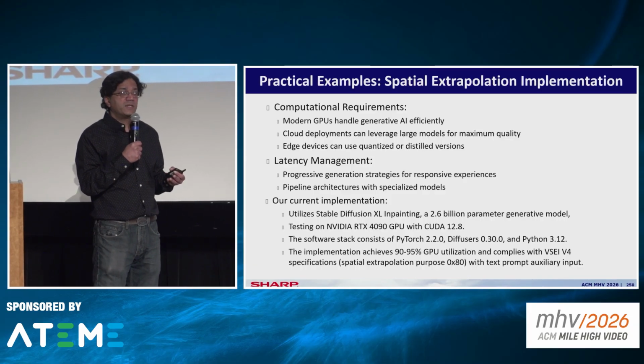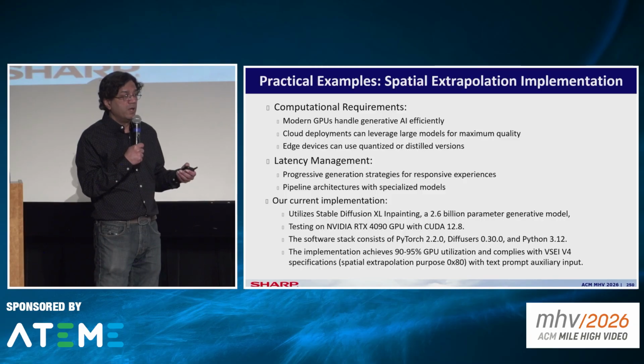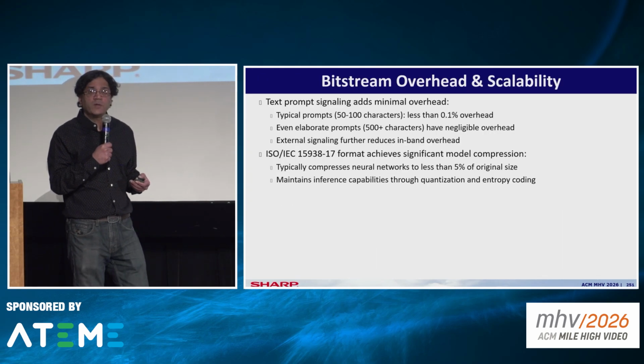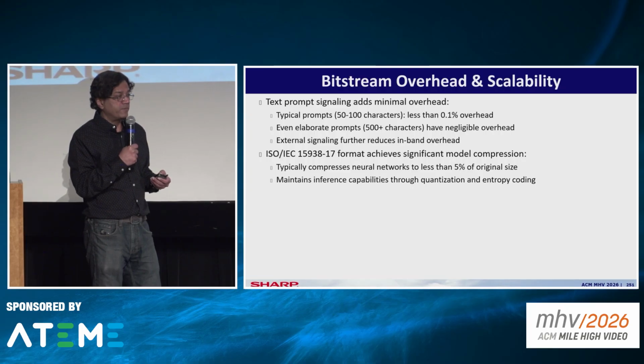There is some latency involved, so you might do some progressive generation of images or pipelining. We have our own internal implementation, which uses stable diffusion XL inpainting. We tried it on an NVIDIA GPU with this PyTorch diffusers and Python version, and it's doing pretty well, but it's still quite complex in terms of the computation requirements.